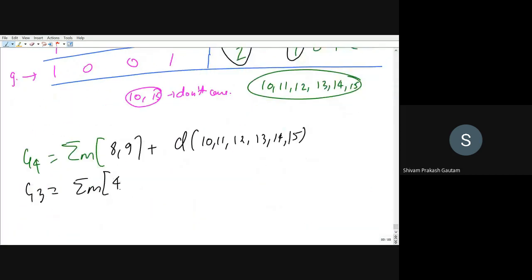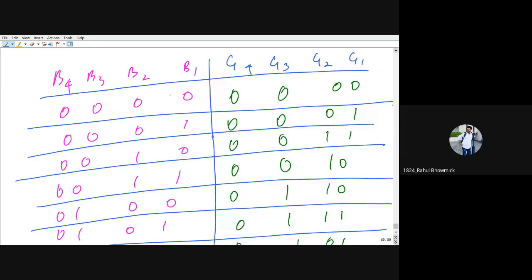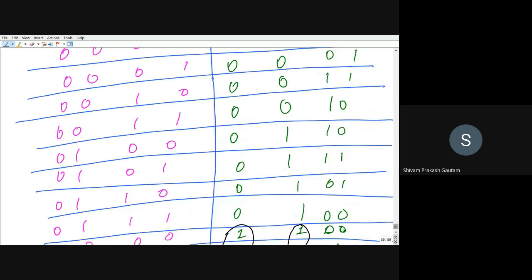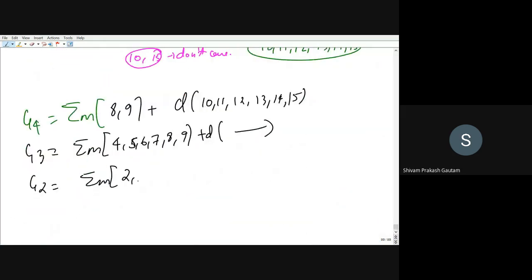So this will be 4, 5, 6, 7, 8, 9, plus don't care. Same don't care. G2. Just see where G2 is 1. 2, 3, 4, 5. So it will be starting from 2 to 5: 2, 3, 4, and 5. And don't care will be the same. I'm not writing.